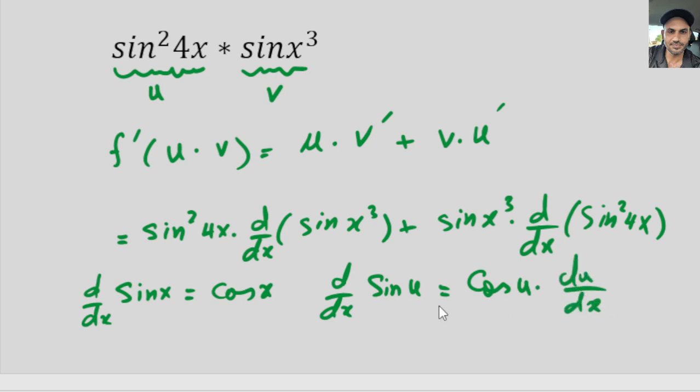So whenever we're taking the derivative of sine of u, where u is a function of x and not just x, we have to apply the chain rule. It becomes cosine of u times the derivative of u.